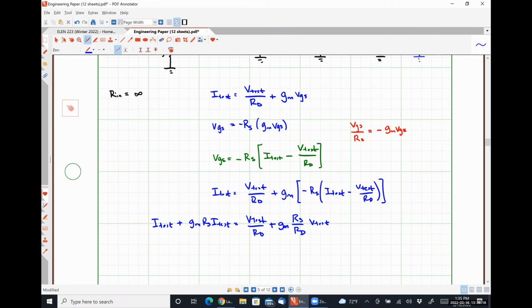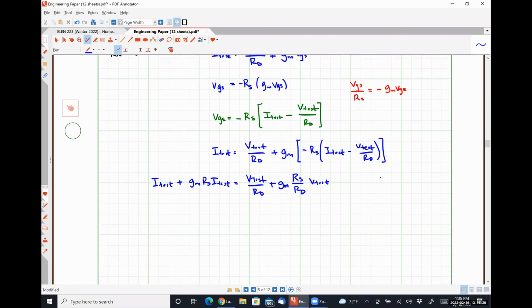I can factor out a common term of I test on the left-hand side. I can factor out a common term of V test on the right-hand side. And so what that's going to give me is I test times 1 plus GM RS is equal to V test times 1 over RD plus GM RS over RD.